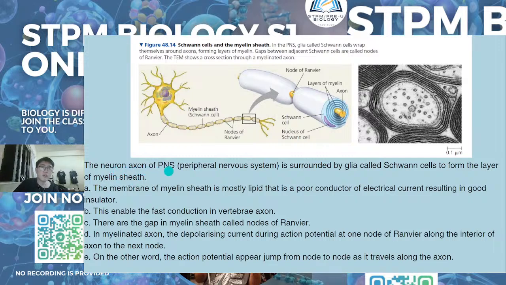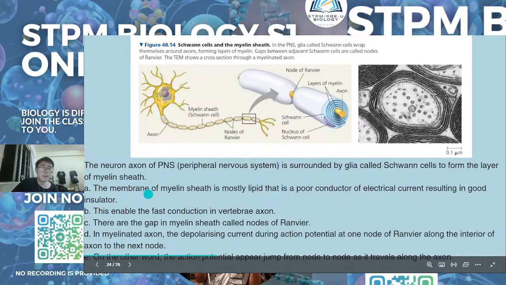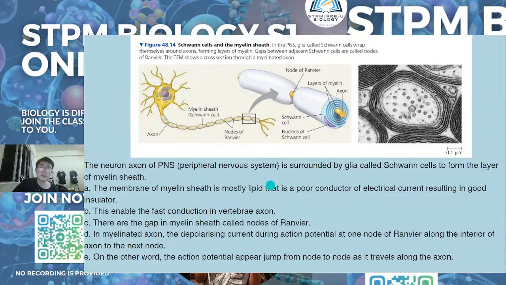Normally the axon of the peripheral nervous system is surrounded by Schwann cells to form a layer of myelin sheath. The membrane of the myelin sheath is mostly lipid, which is a poor electrical conductor. That is why our nerve impulse can jump from here to here, because the myelin sheath is a non-conductor, a good insulator. Our nerve impulse cannot pass through the myelin sheath.